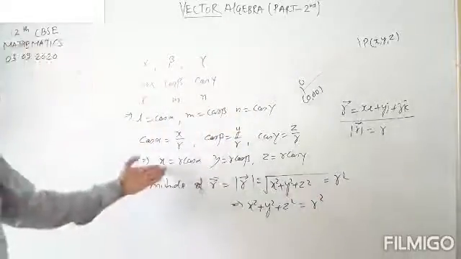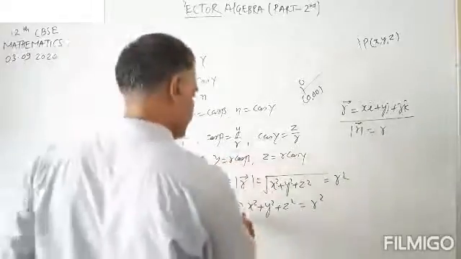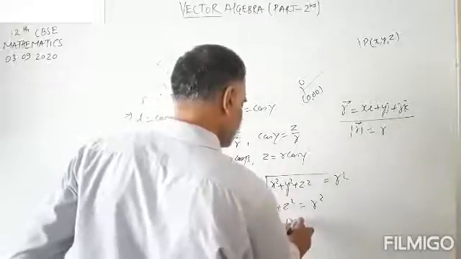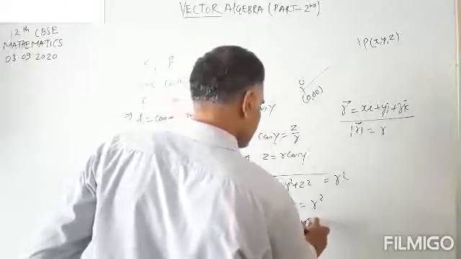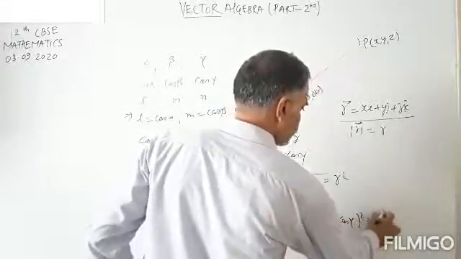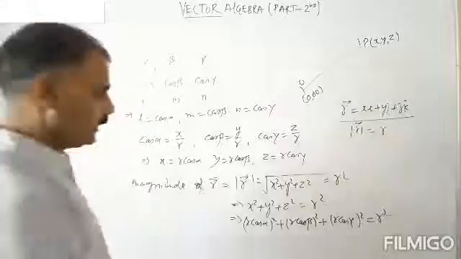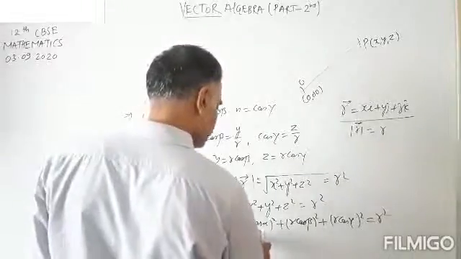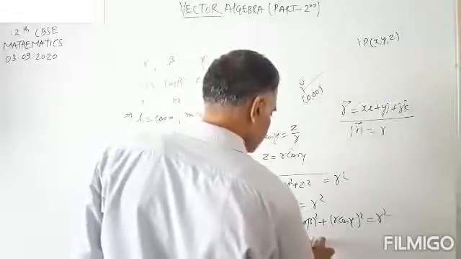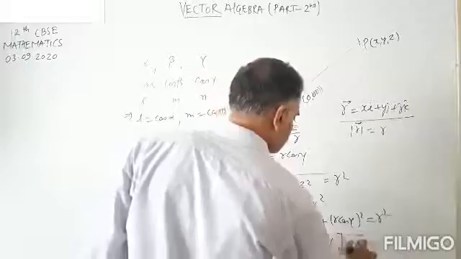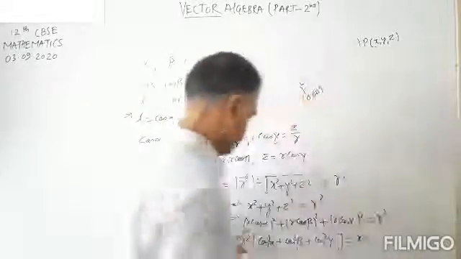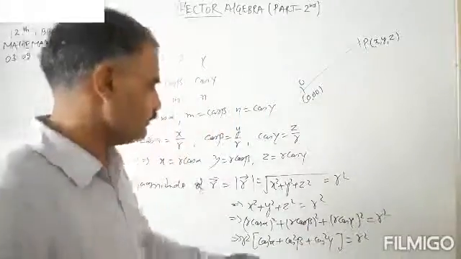Now putting in this x, y and z, we have (r cos alpha) whole square plus (r cos beta) whole square plus (r cos gamma) whole square equals r square. Taking r square as common, r square times cos square alpha plus cos square beta plus cos square gamma equals r square. Now r square will cancel on both sides.